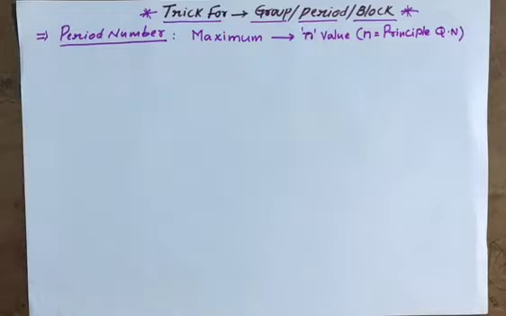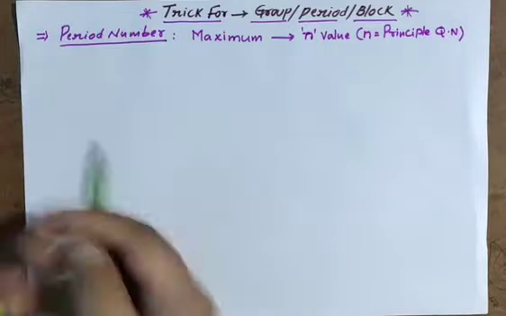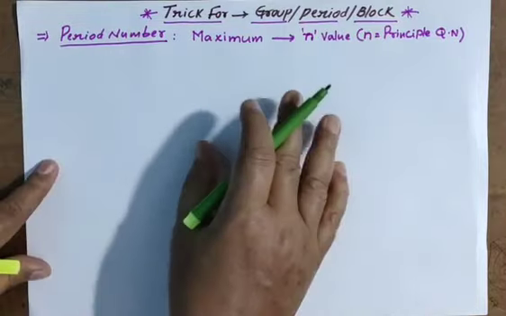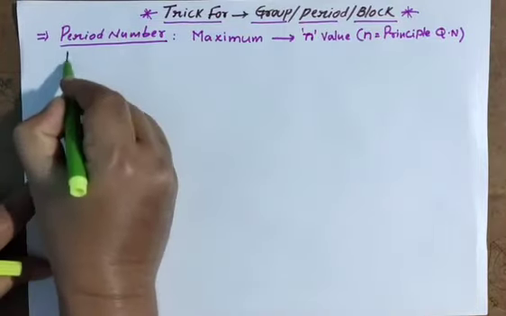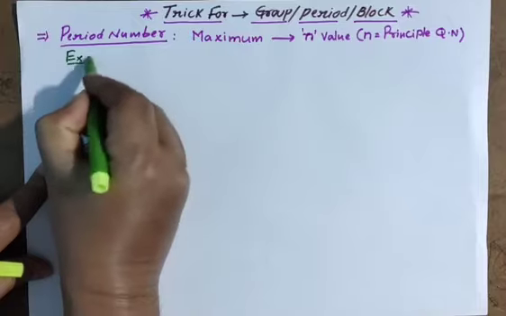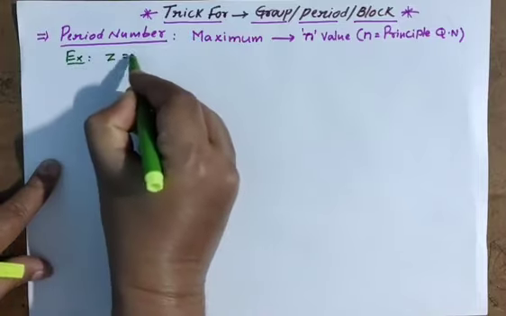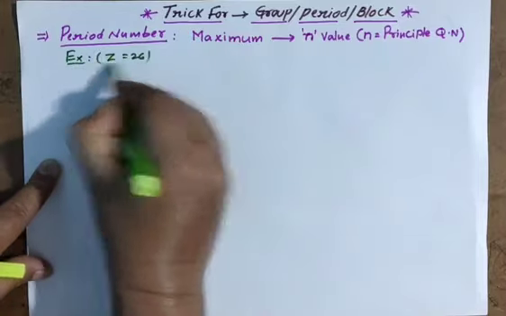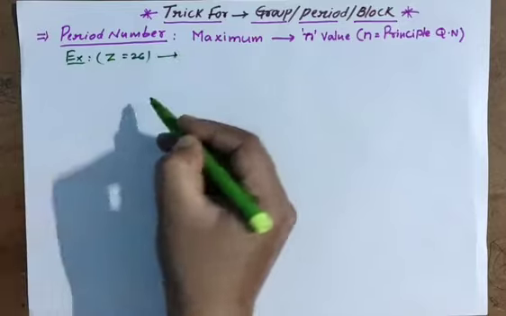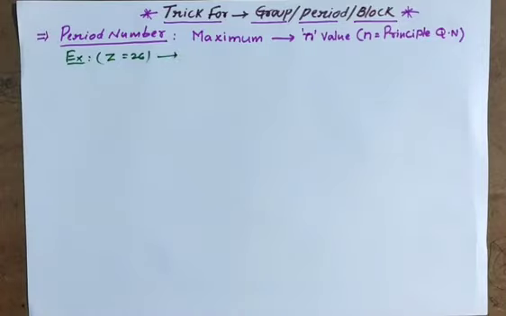I am taking an example: somewhere given to you, Z equal to 26 element, what is the period number of this element? Period number prediction.